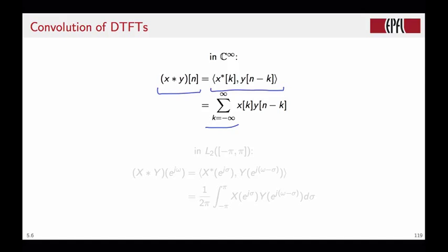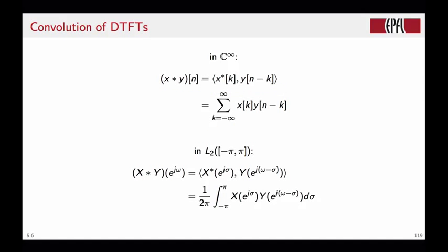We can adopt the same strategy in L2 of minus pi pi, which is the space where DTFTs live, and define the convolution between two Fourier transforms as the inner product between the first Fourier transform conjugated and the second Fourier transform frequency reversed and delayed by omega.